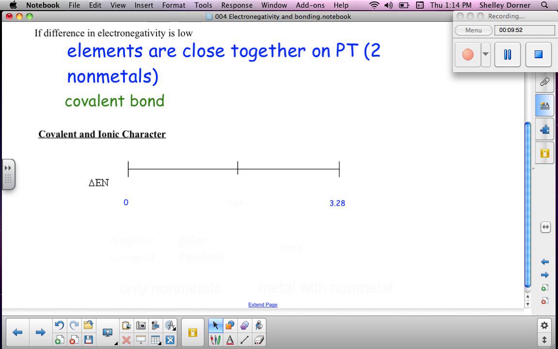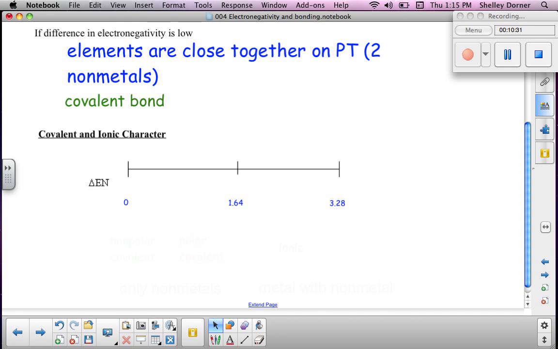If we look at the possible differences of electronegativity between elements in a bond, that possibility ranges from no difference in electronegativity at all, all the way up to the largest possible difference, which would be francium and fluorine bonding to one another, where you end up with an electronegativity difference of 3.28. The obvious breakpoint to separate ionic bond from covalent bond would likely be in the middle, or right around 1.64 for an electronegativity difference.